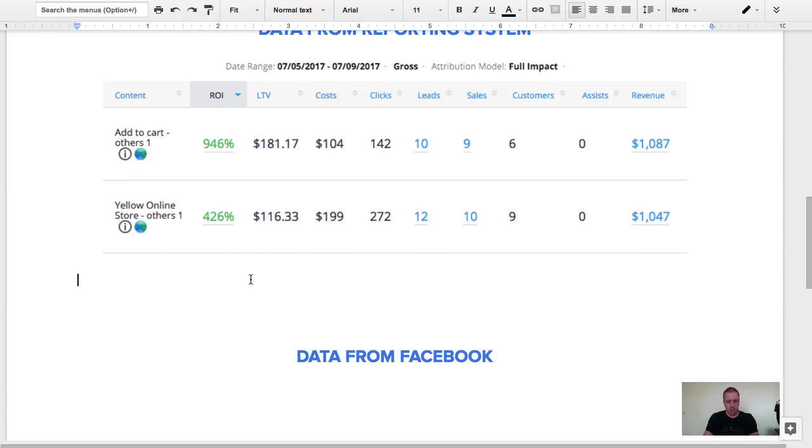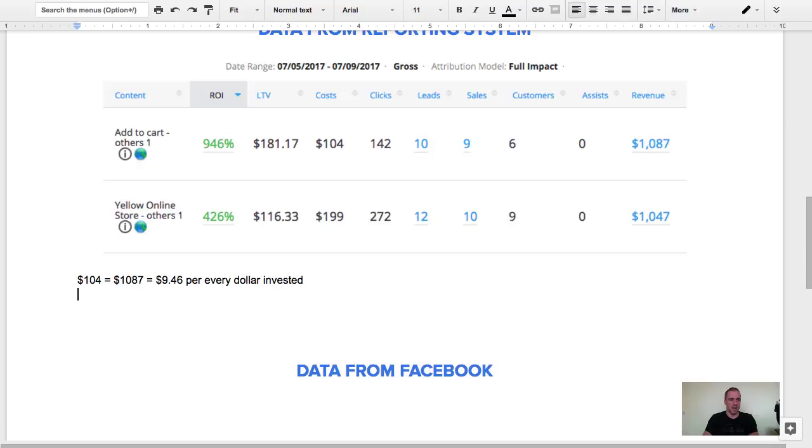So if you look here, $104 generated $1,087 in return, and the other one. So basically, for every single dollar that I spent, how much did it generate? That's $9.46 per every dollar invested, right?